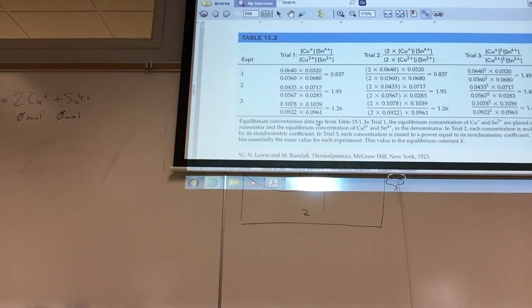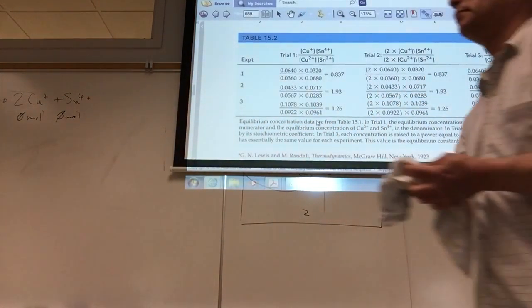If we take the concentration of G raised to the little g power, the concentration of H raised to little h, dot, dot, dot, then divide by A to the little a, B to the little b, dot, dot, dot, we get a constant. So there's a consistent pattern here. This constant we give a name to, the equilibrium constant, Kc. This C stands for the concentrations.